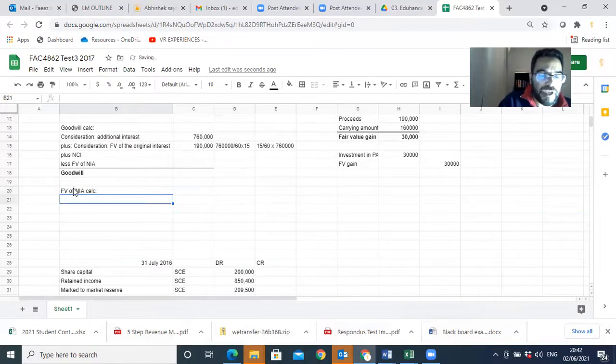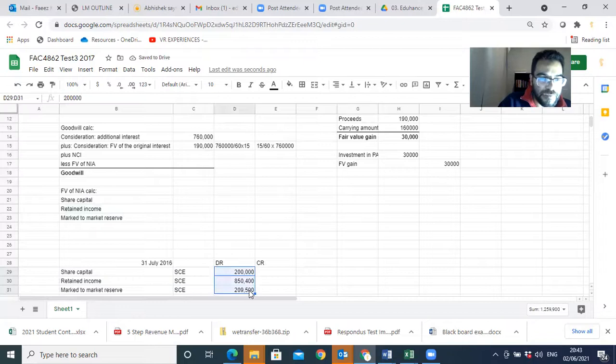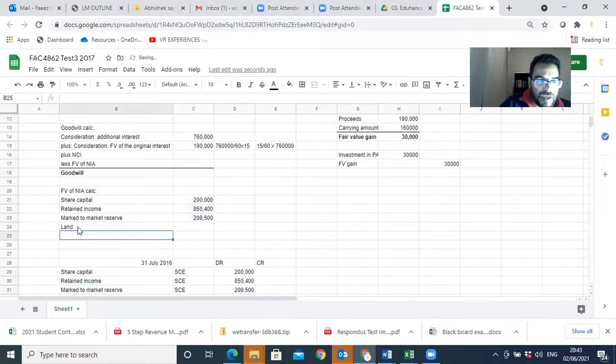We add up all equity, which is share capital, retained income. So at the date of acquisition, these are all the equities at these amounts. Then we do any fair value adjustments, which we know was land and deferred tax.